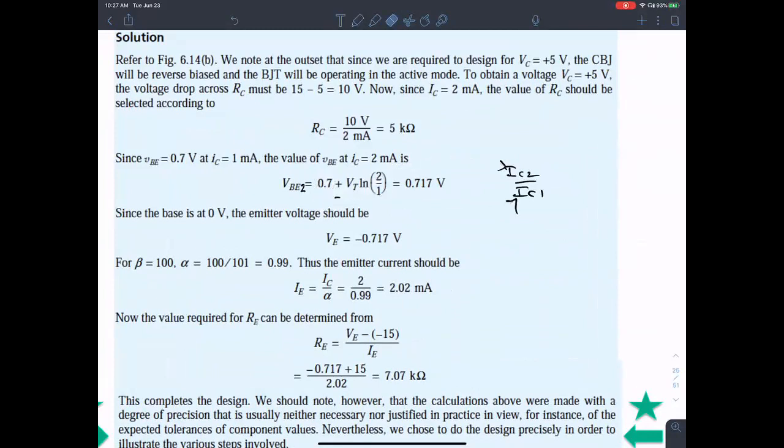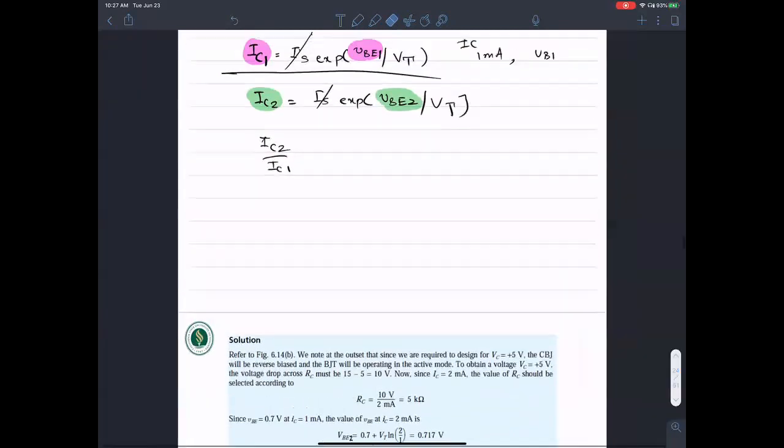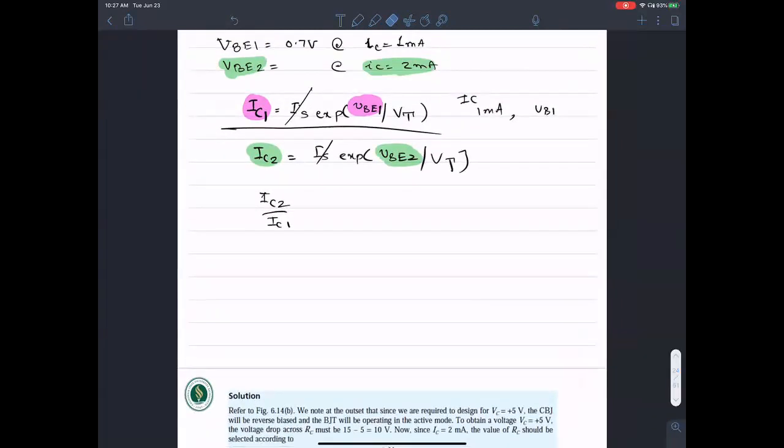Okay, so all I have done is simply use this equation to find the value of VBE2 that gives me a current of IC equals 2 milliamperes.